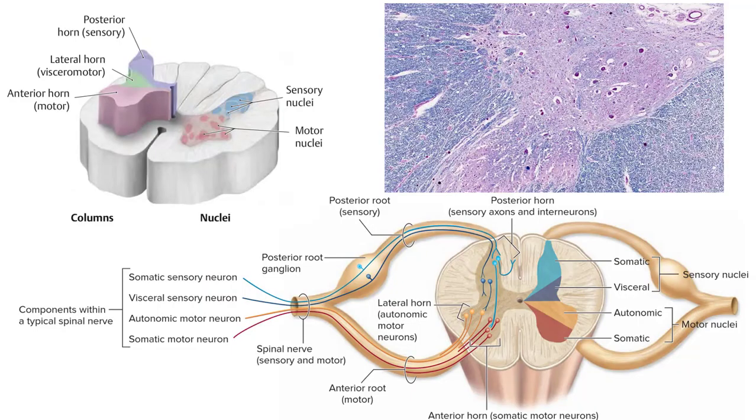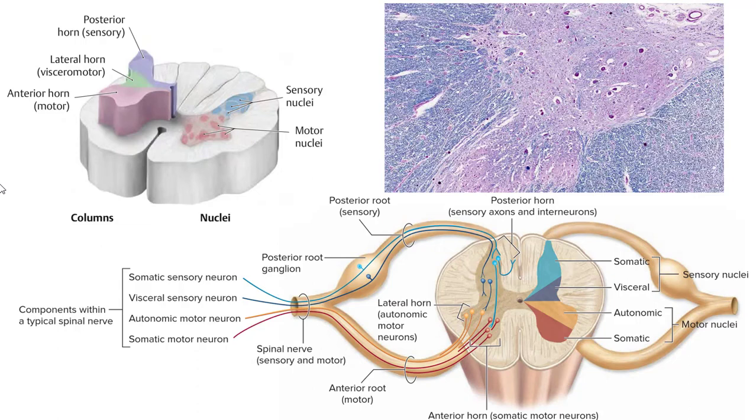The gray matter has three main divisions of projections, and these are called horns. They are the anterior horn, the posterior horn, and the intermediate or lateral horn that pops up in the thoracic and sacral regions. And it might be easier to imagine them as three little communities in a gray matter village.